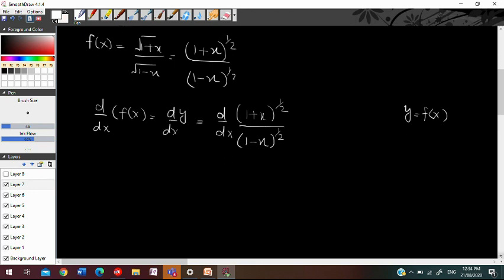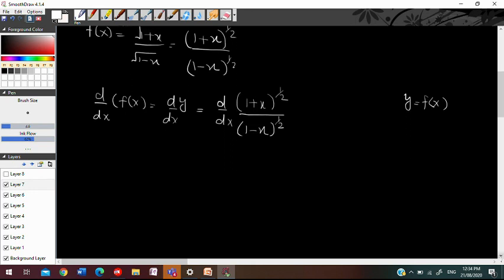As the question is showing, it's a quotient rule we have to apply here. So what is the quotient rule? Whenever you apply the quotient rule, you have to keep this thing in your mind: you have to take power 2 of the denominator function.